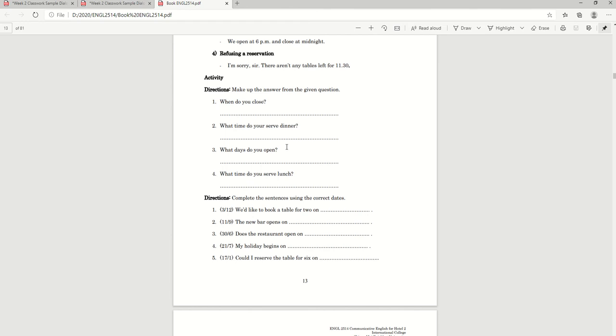Number one, the first part that we are going to work on is right here.